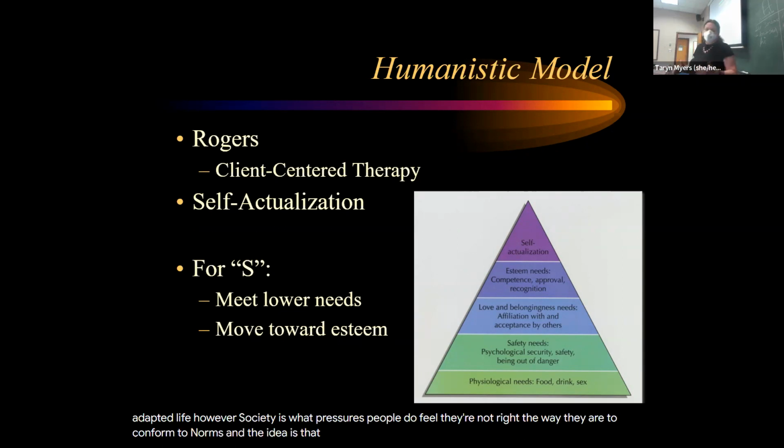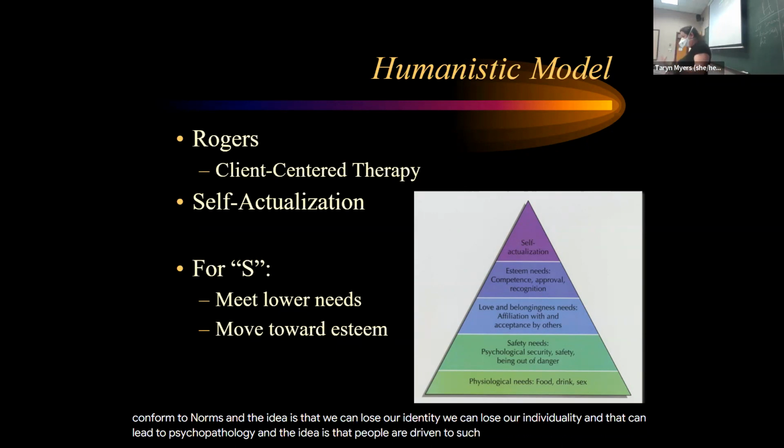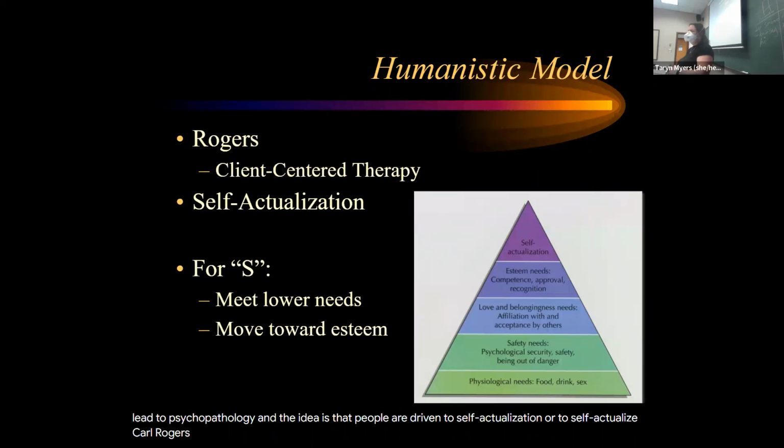The idea is that we can lose our identity, we can lose our individuality, and that can lead to psychopathology. People are driven to self-actualize. Carl Rogers really developed the therapy related to this, which is called client-centered or person-centered therapy.